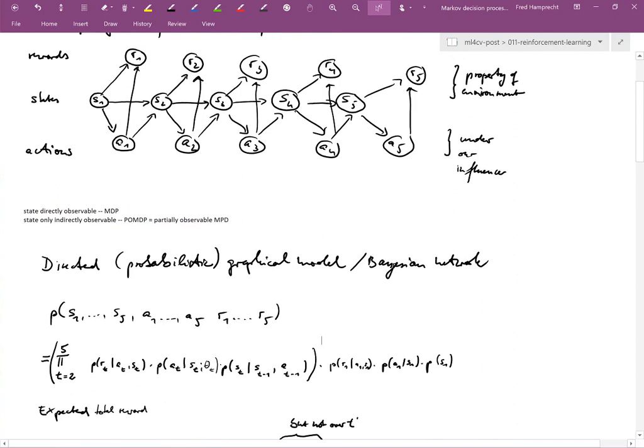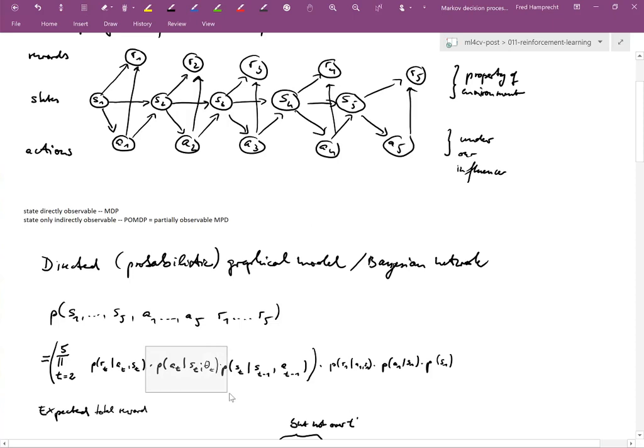So in the concrete example here, we have a product over time steps number 2 to 5. And we say that the joint probability can be written as a product of the probability of a reward at time t given action at time t and state at time t. Yeah, so for example here R5 is conditioned on S5 and A5. And then A5 in turn is conditioned on its parents.